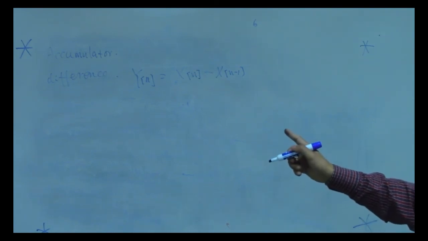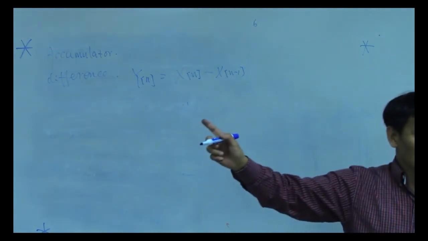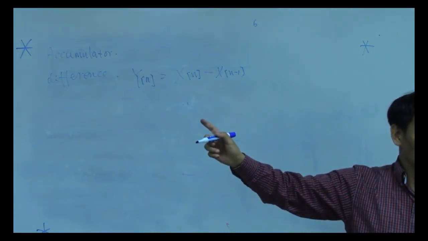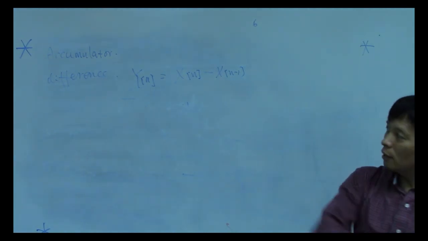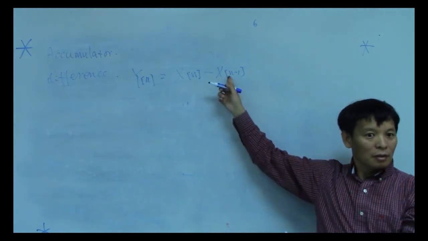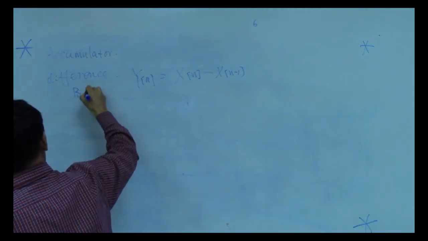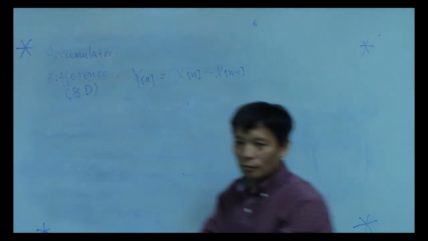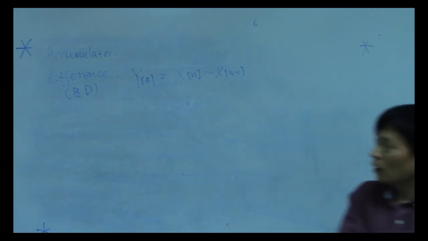Can you imagine this system? Is this causal? Yes. Why? At this time, we only need to use the input at this time and the previous time. So that's backward. We call this one backward difference. Right? This is the first one.